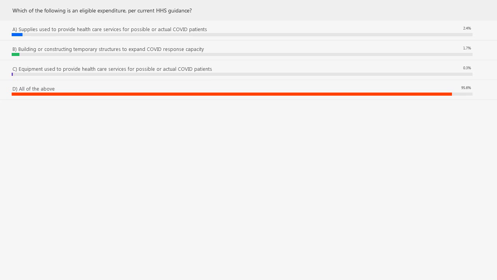So examples: staff and patient safety, what sorts of activities had occurred around that area, as well as testing, maintaining or increasing healthcare capacity, and also construction. So just thinking about those different areas where the funds may have been utilized or applied, and then also reporting of any barriers or issues in utilizing that funding as well.